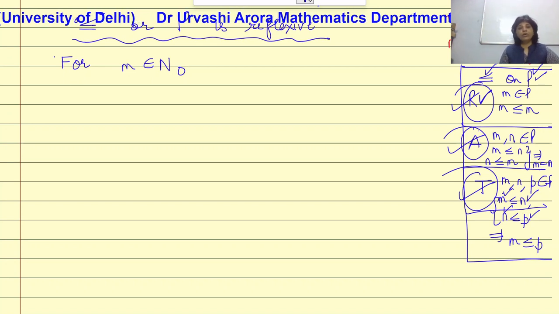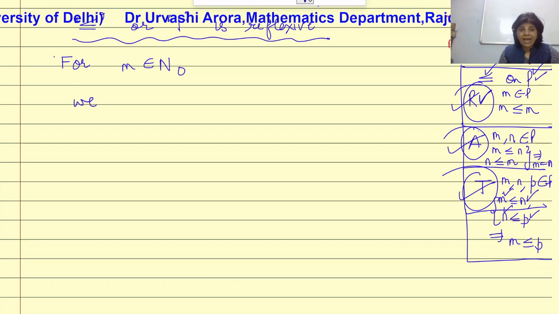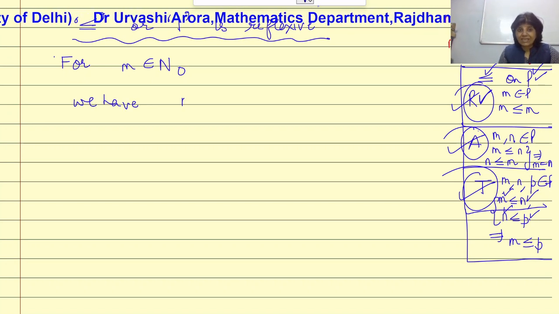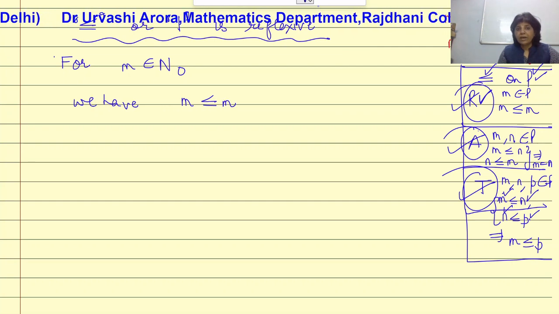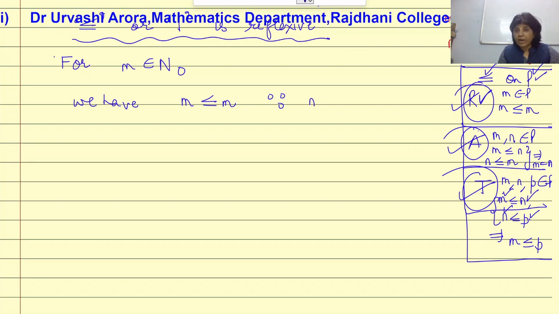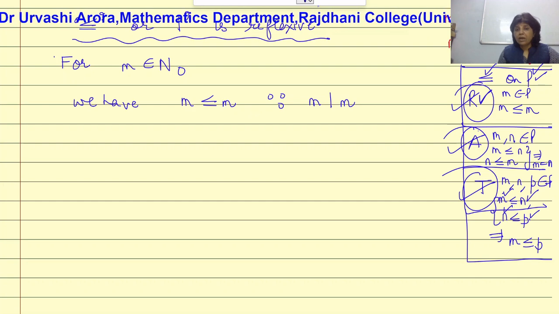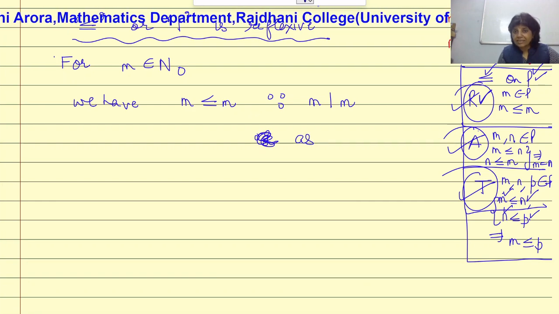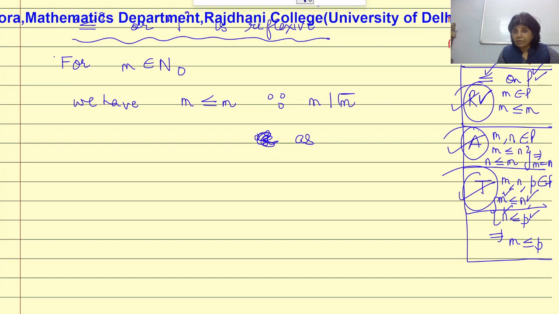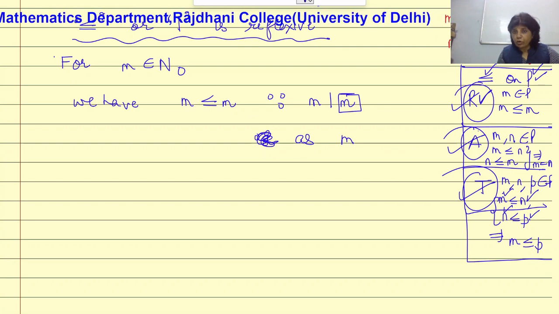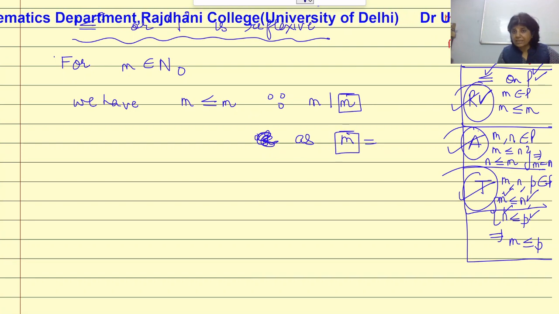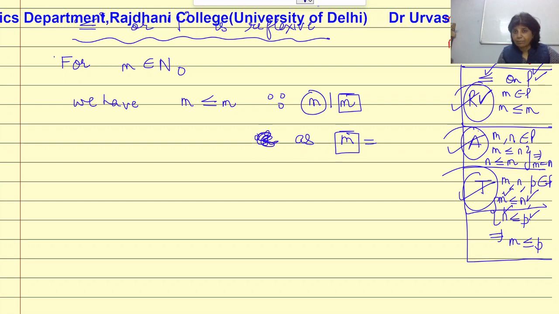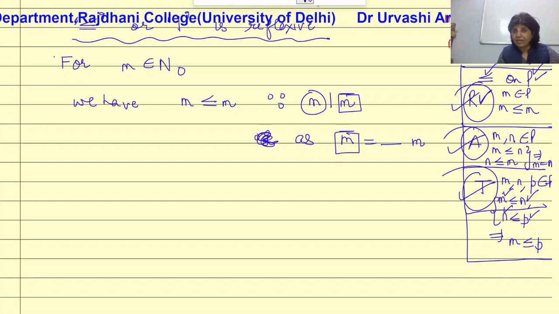So for m belonging to N naught, we can see that m is related to m. Why? Because m divides m. And why does this happen? Because we can write this m, which I have enclosed in a box, as something into this m, and that something is 1.